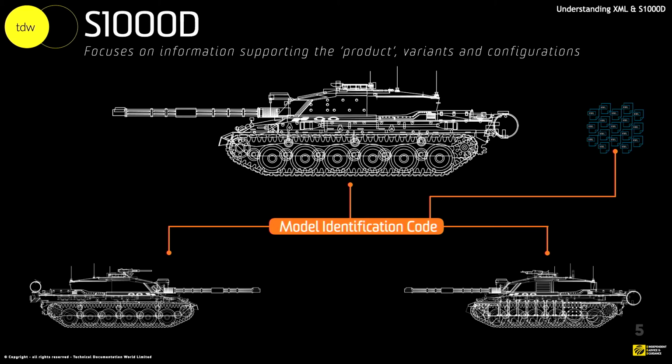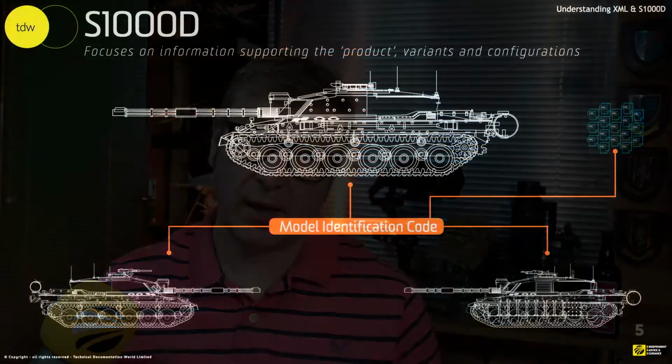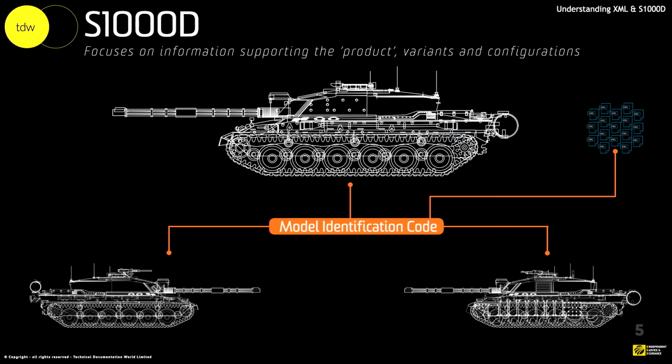So we're breaking down our information into those component parts, and we are identifying those to a particular platform or a variant of platform, or however we decide that we want to break our project down.